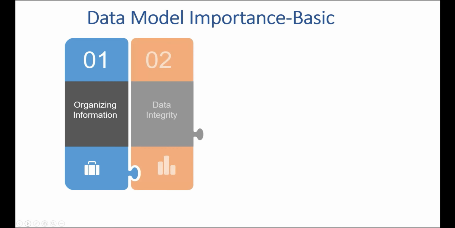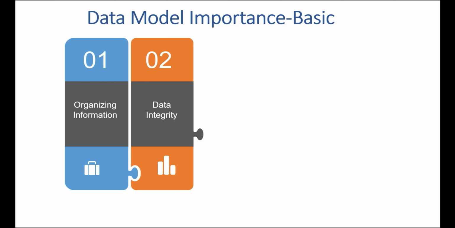The next is data integrity. By defining rules and constraints within the data model, such as data types, relationships, and business rules, it helps maintain data integrity. This ensures the data stored in a system remains accurate, consistent, and reliable, not just at a particular time but over time as well.